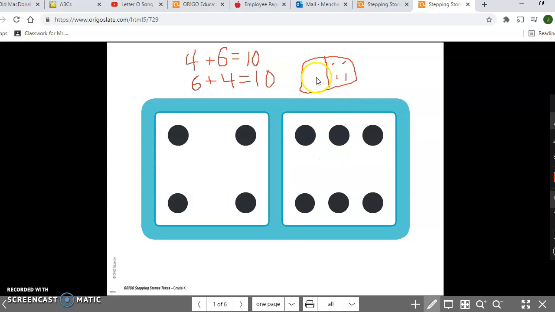And then this side has 6, so I'm going to put 6 over here. 1, 2, 3, 4, 5. Can't really do the dots. 6. So 6 on this side, 4 on this side equals 1, 2, 3, 4, 5, 6, 7, 8, 9, 10. Either way that you put them, the total is still 10.